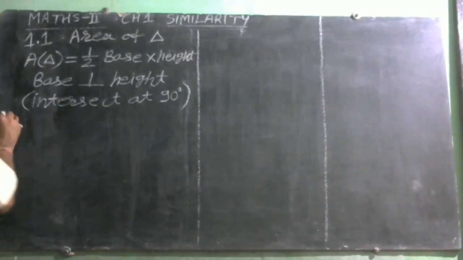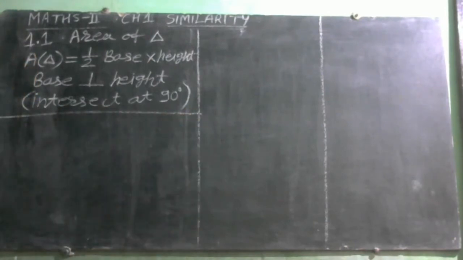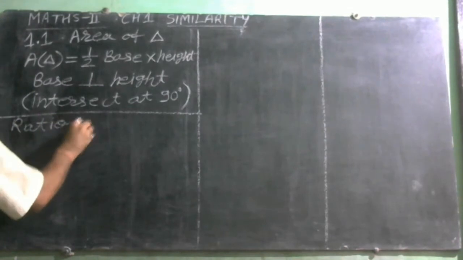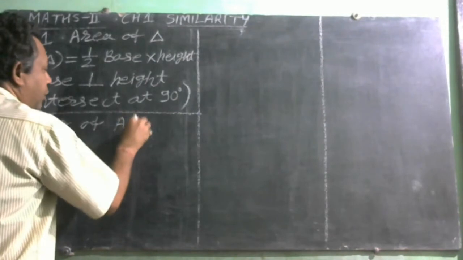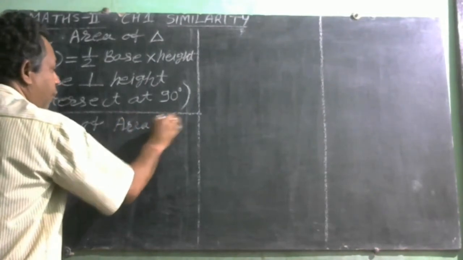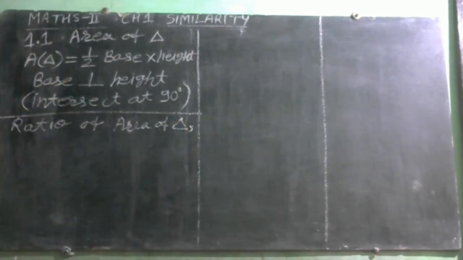Now what is the ratio of area of two triangles?